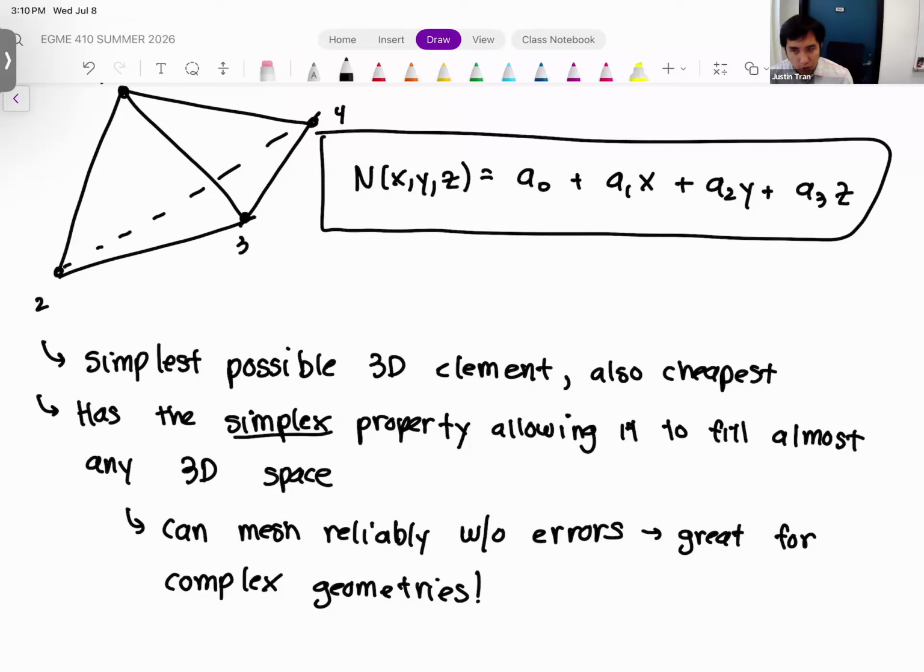One of the shortcomings, of course, is the fact that its shape function is very simple, so it doesn't have the ability to capture any complex variations in x, y, or z.